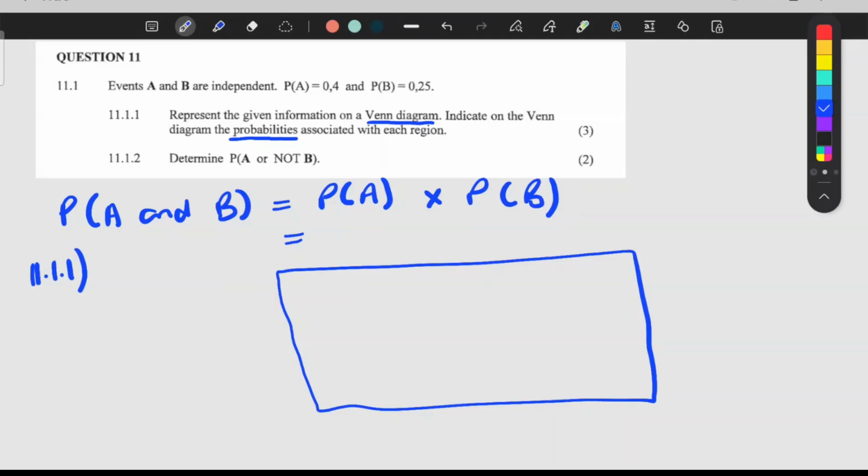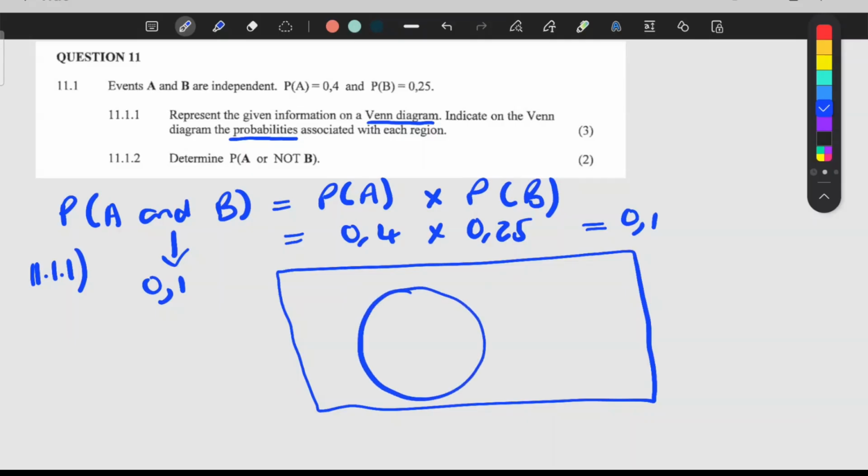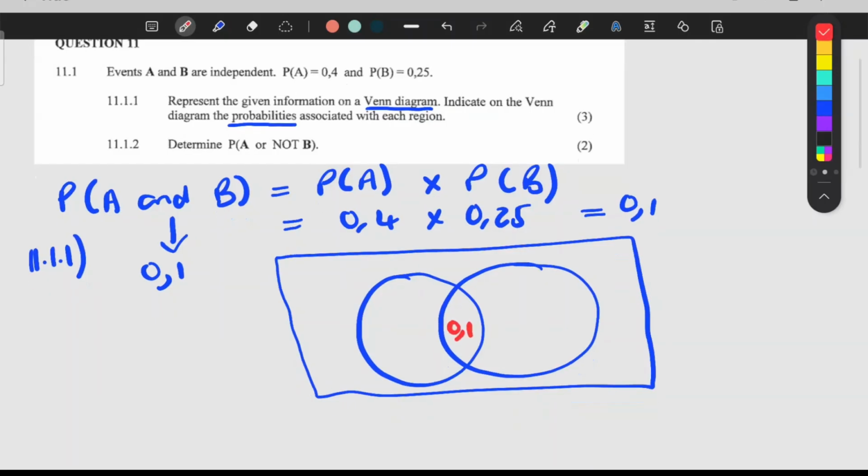P of A and B is P of A, which is 0,4, times P of B, which is 0,25. So this gives me 0,1. That means P of A and B is an intersection, so this part over here is 0,1.